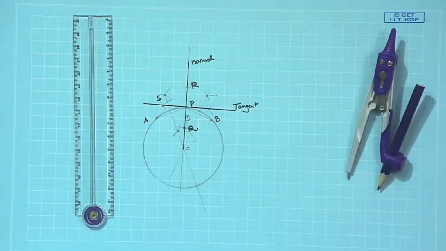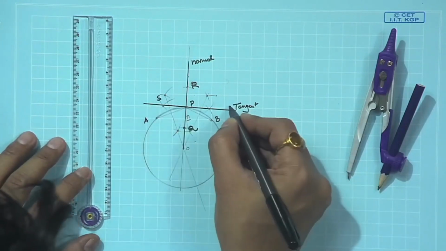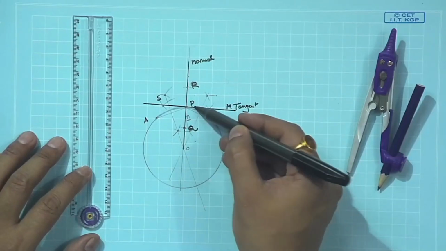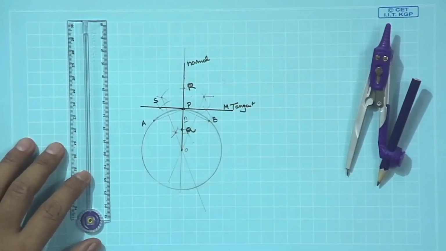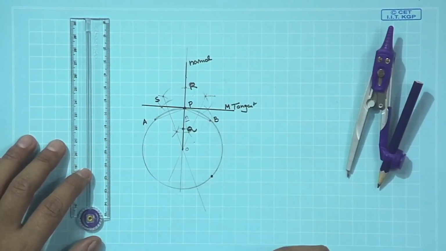Let us call this S. So, S P M gives me tangent, Q P R gives me normal passing through point P. Any other point on the circle also works in a similar way.